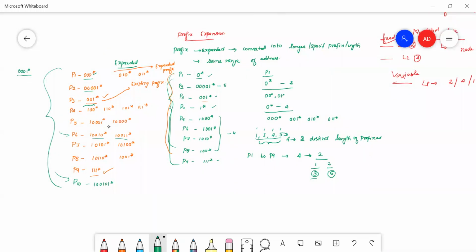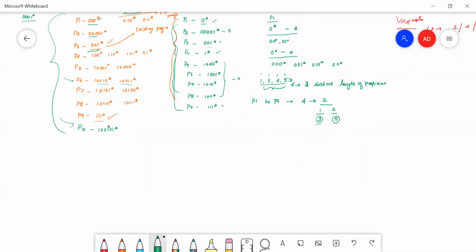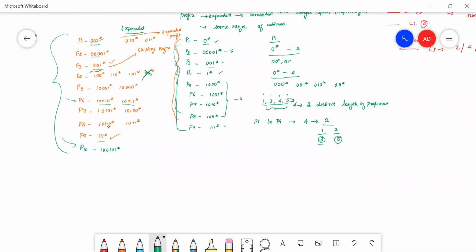It is an expanded prefix that is captured by the existing prefix, so we can remove this here. 100 can remain. 110 and 101, they are unique.